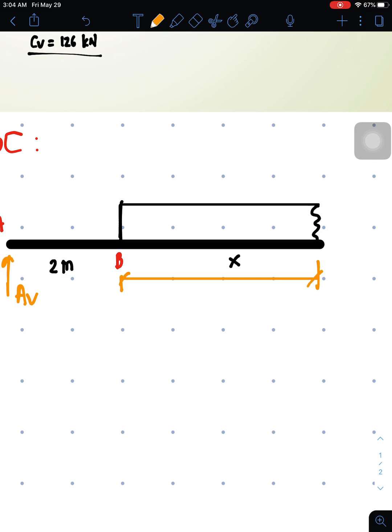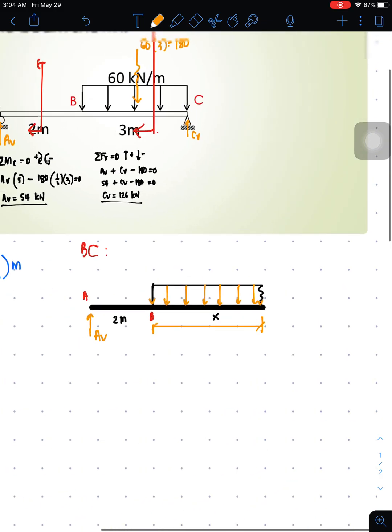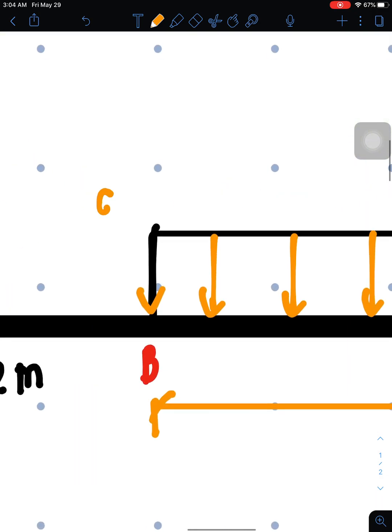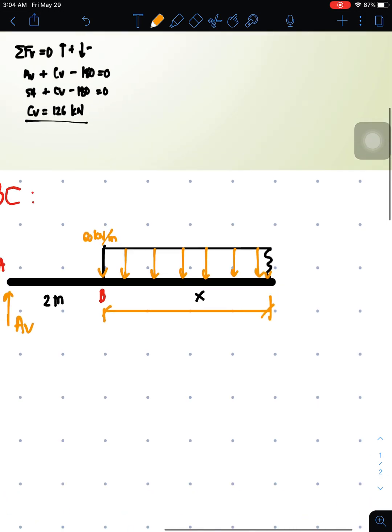That's distance x. And do not forget the distribution. The intensity here is 60 kilonewtons per meter.